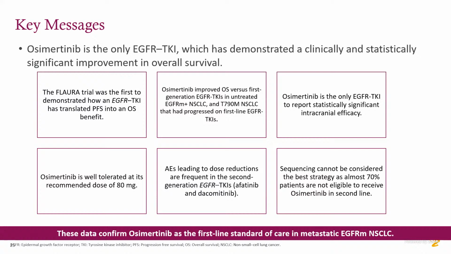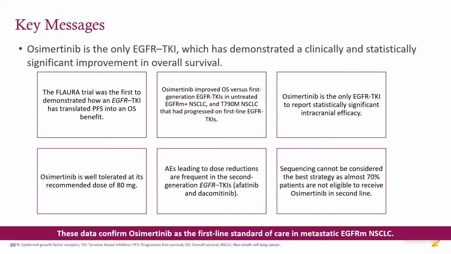Osimertinib improved overall survival versus first generation EGFR TKIs in untreated EGFR mutant non-small cell lung cancer, and in T790M non-small cell lung cancer that has progressed on first-line EGFR TKI. Adverse events leading to dose reductions are frequent with the second generation EGFR TKIs afatinib and dacomitinib. There we usually don't go beyond 30 or 40 milligrams. They don't tolerate 60.